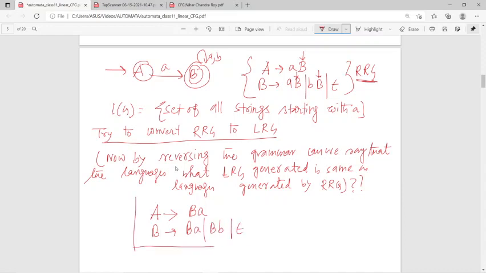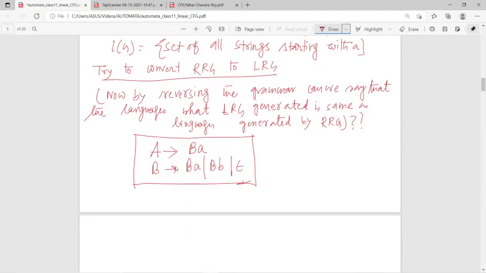We are just converting the corresponding language. Yes, of course, that is a left regular grammar.